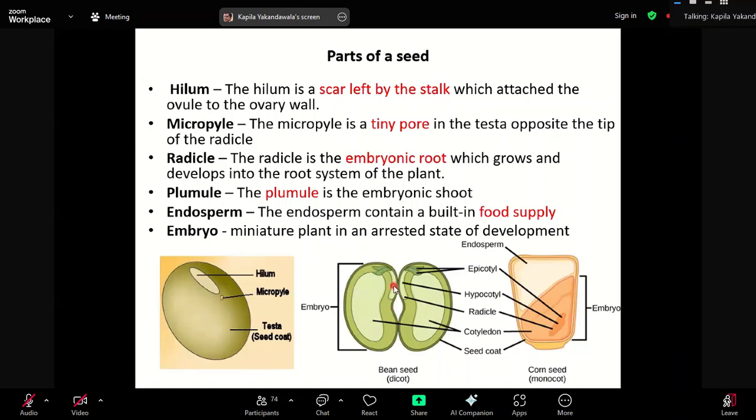Then inside the seed, there's a radicle which grows into the root system. Then the plumule, which grows into the shoot system. Then certain seeds have a large endosperm, stored food. Then all seeds have an embryo. This is the embryo, right? Those are the parts.